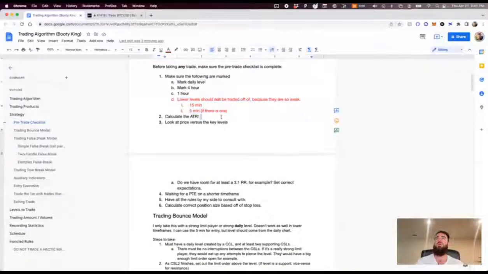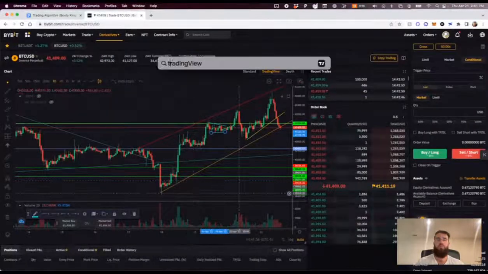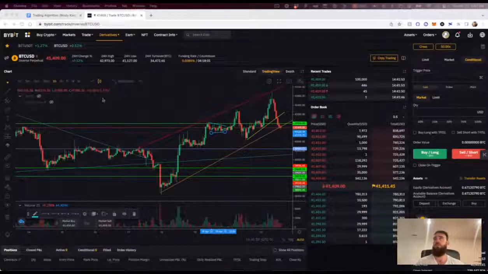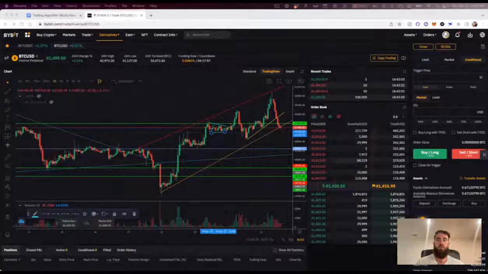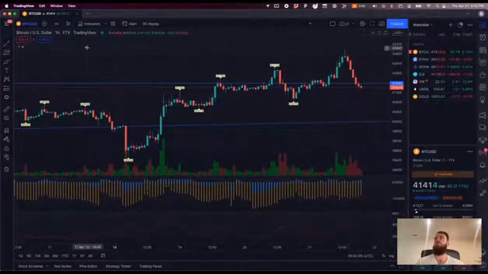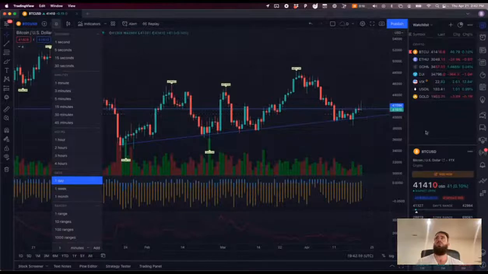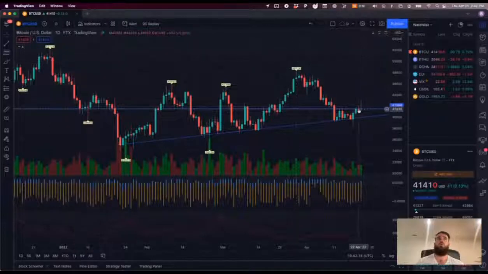So now I'm going to calculate the ATR to see if we've moved too much already today. I'm going to use TradingView for that, just to make life easier. Let's get one day. And we're at 41. The difference is 41, so you can see it here at the top middle. There's open, high, low.